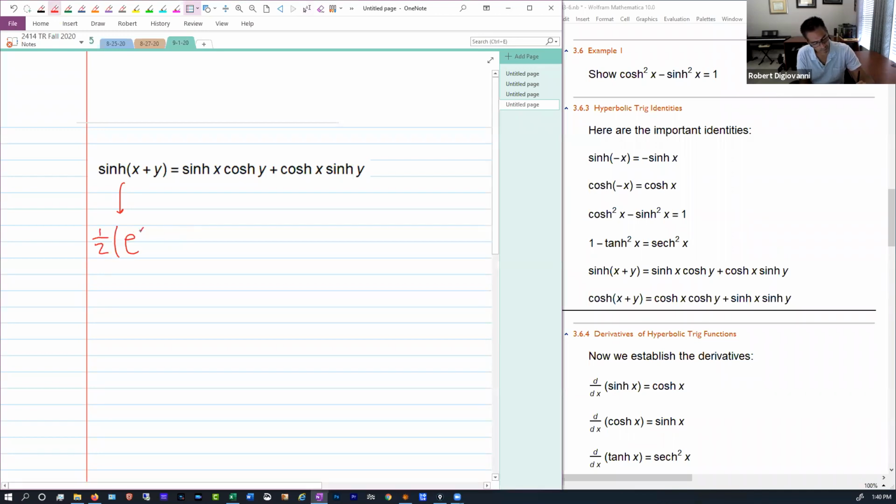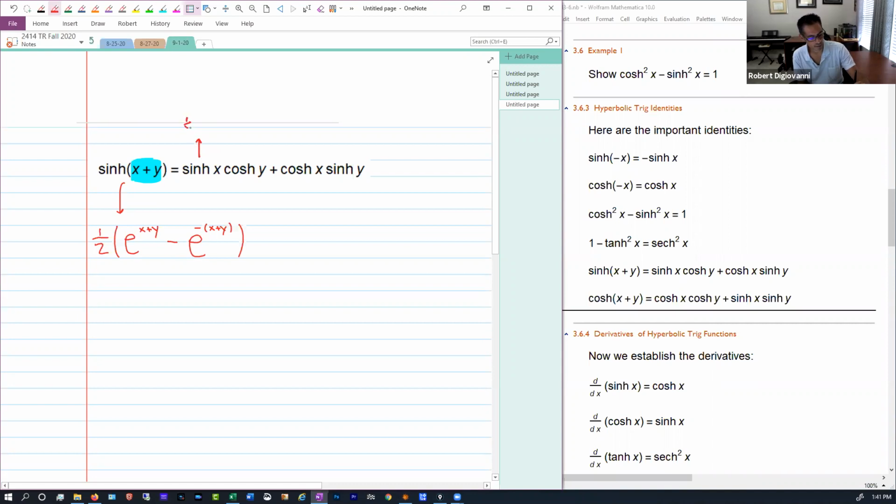And then sine hyperbolic is the one that has a subtraction, minus e to the negative x plus y. So whatever's in here is the part that goes into the formula. That's what the left-hand side would be. What's the right-hand side?